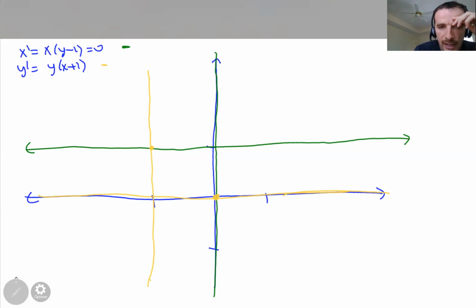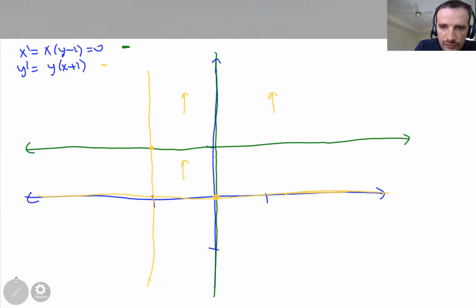When x is bigger than minus 1, and y is bigger than 0, which is this region, right? Y prime is positive, which means y is increasing, right? That's why the direction on these regions, actually there are 4 sub-regions here.